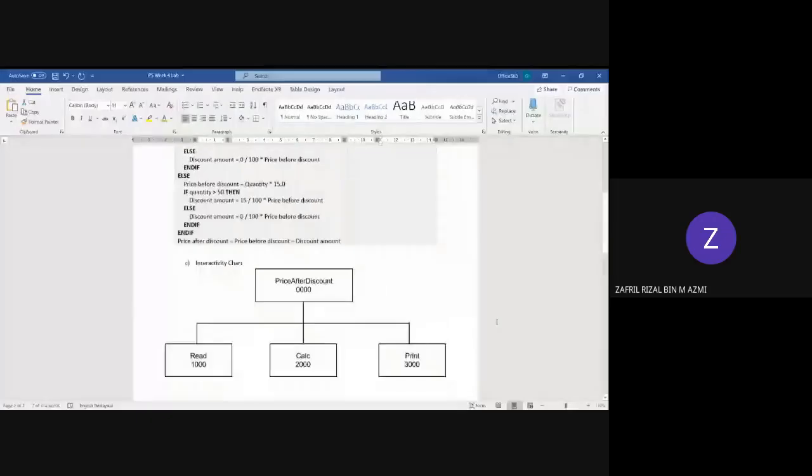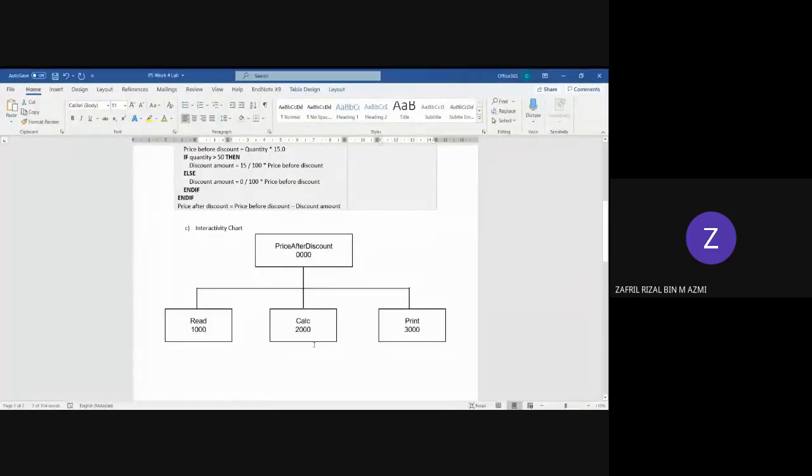I want to ask about IC. If we do the IC in any way but it still has read, control and print, is that correct? Okay, wait. Let's look at your friend's answer. If you do like this, it's correct, except for the control.